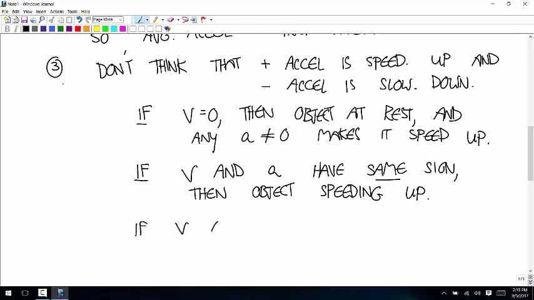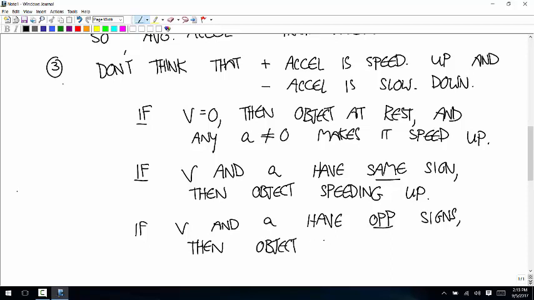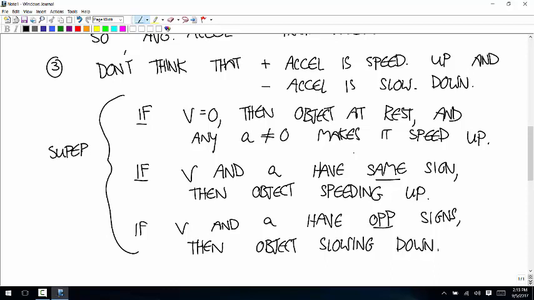And if the velocity and the acceleration have opposite signs, then the object is slowing down. This, I guarantee there's going to, at some point, be a quiz question about this. This is super easy.